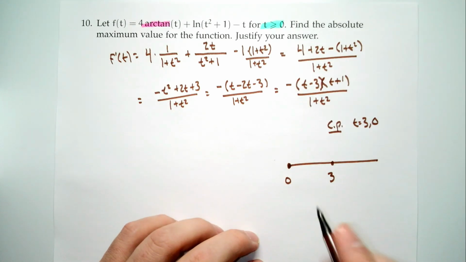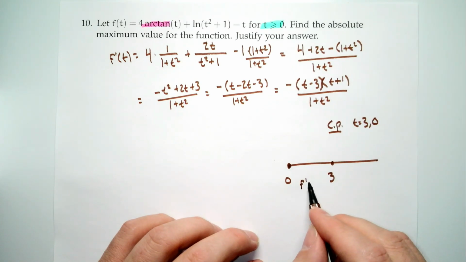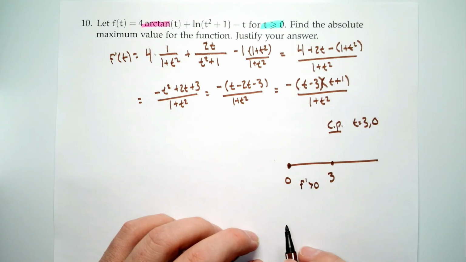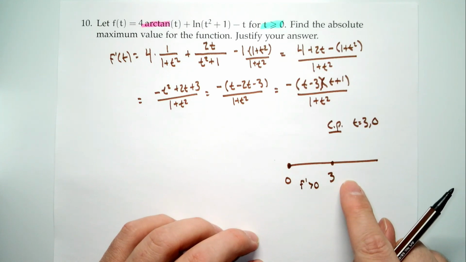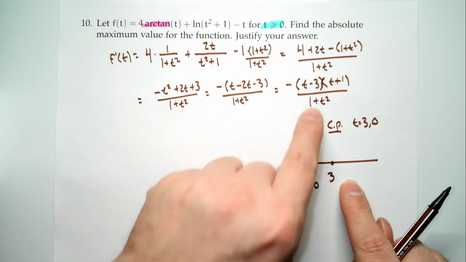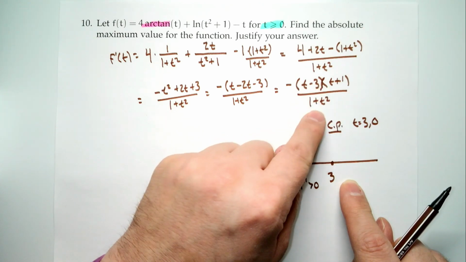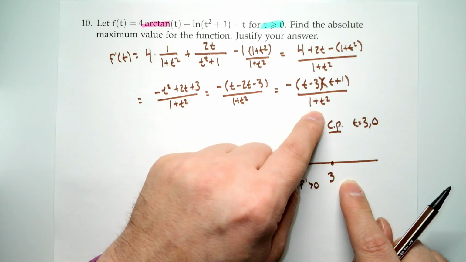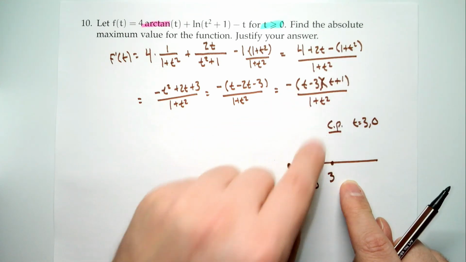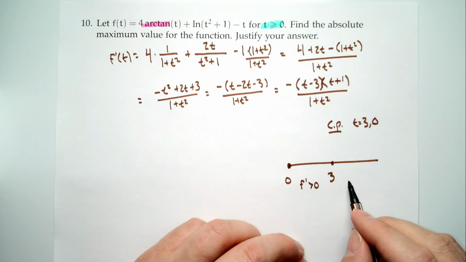If we put it all together, we see that f prime is positive. Pick something bigger than 3. 4. 4 minus 3 is positive. 4 plus 1 is positive. And downstairs is positive. So, minus positive, positive, positive. The result is it's negative.